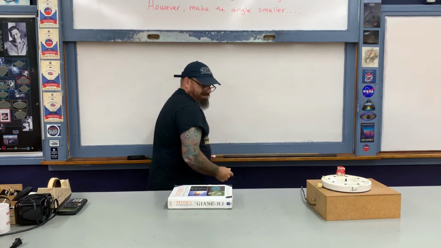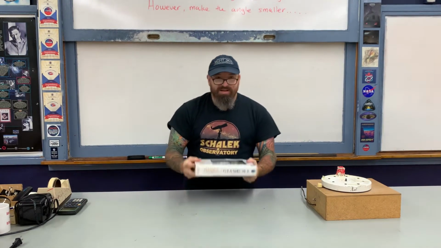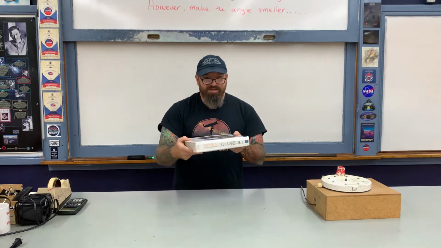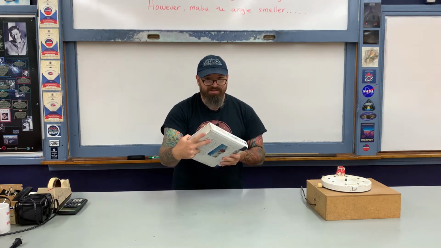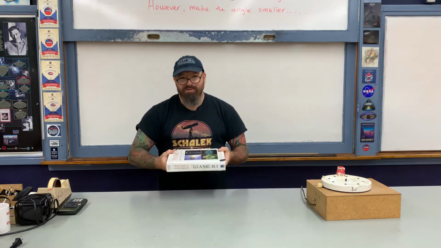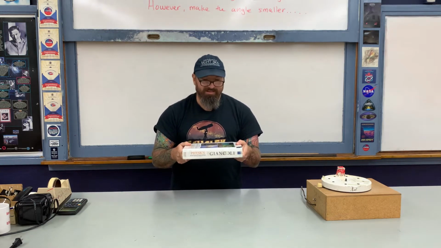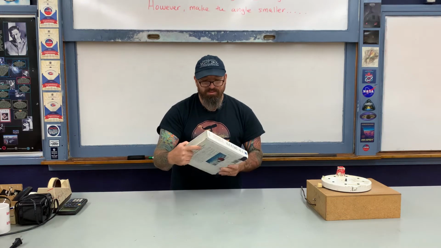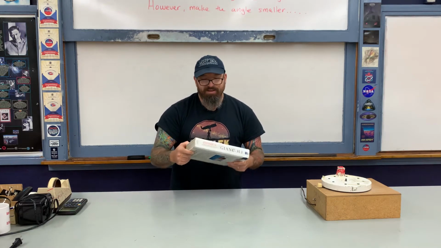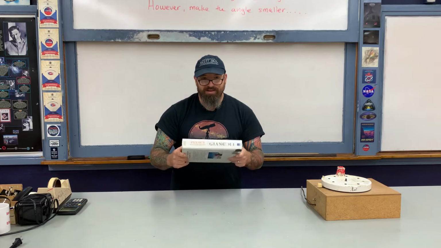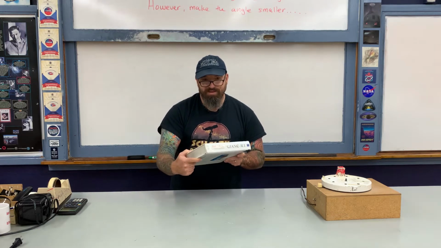So now watch this. Once again, I'm going to say theta 1 is a rotation like that, and theta 2 is a rotation like that. Once again, I'm making the angle smaller than 90 degrees. So watch it again. Theta 1 plus theta 2. Now I'm going to do theta 2 plus theta 1.